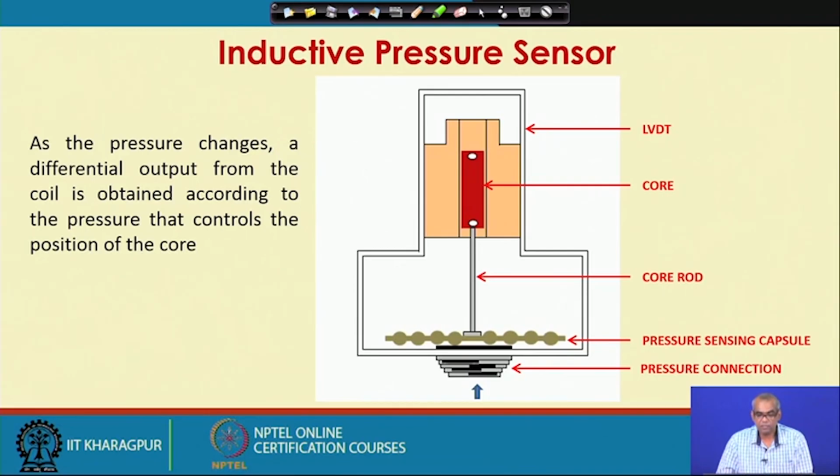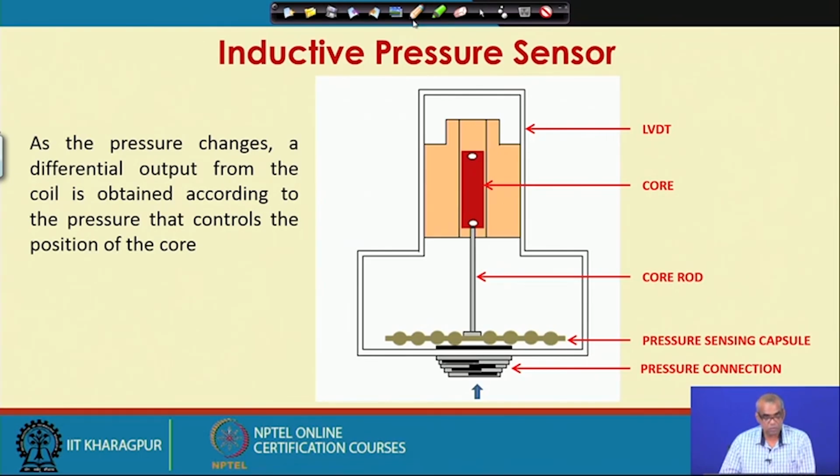Let us look at the inductive pressure sensor. This uses a linear variable differential transformer or LVDT. The inductive pressure sensor is basically a pressure transducer.